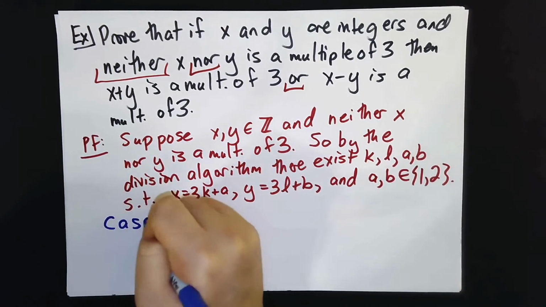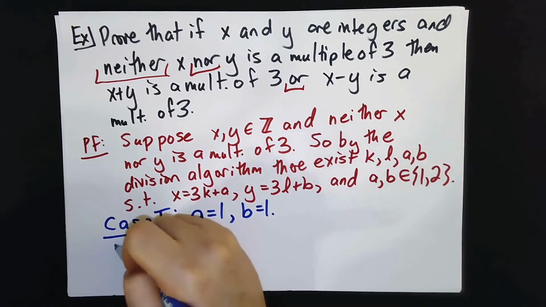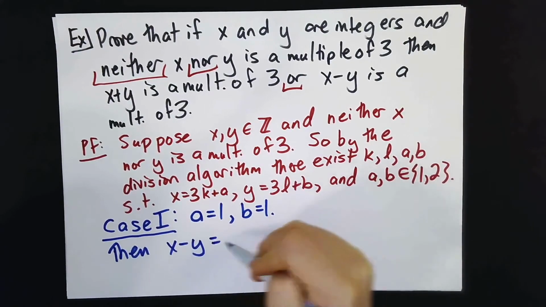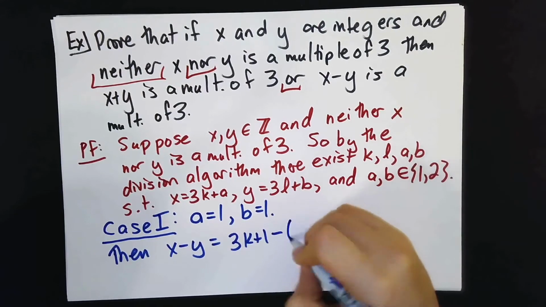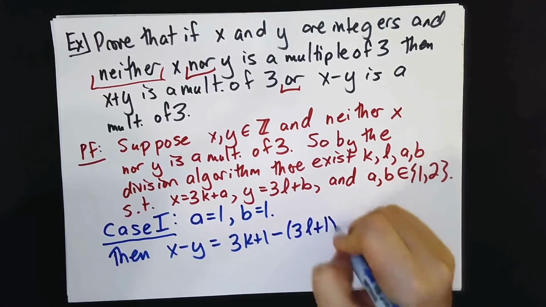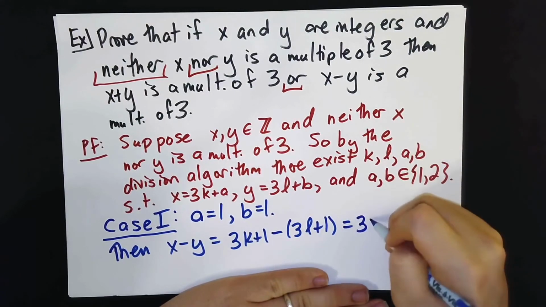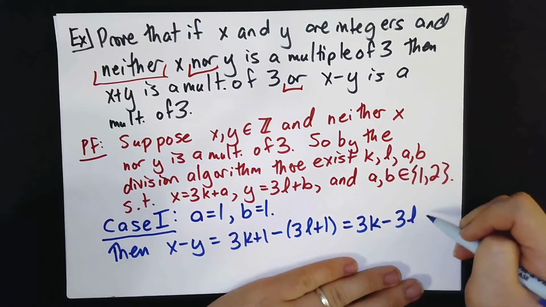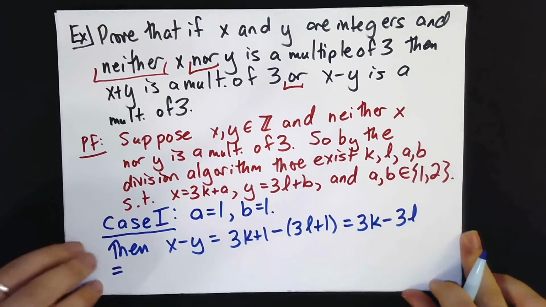So my first case, what if a and b are both 1? Well, then I claim that if you take x minus y, you get 3k plus 1 minus 3l plus 1, which is going to be 3k minus 3l, which is going to be 3 times k minus l.